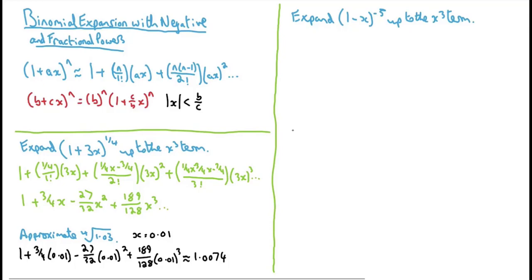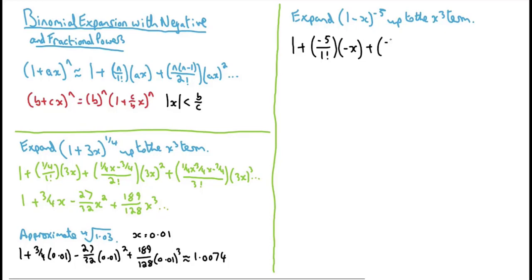So, as always with this kind of expansion, your first term, regardless, is just going to be 1. Then for your second term, so we'll add on to this, your power, your n, is minus 5, and that will then be put over 1 factorial. And this will be times by minus x, just on its own for that first term.